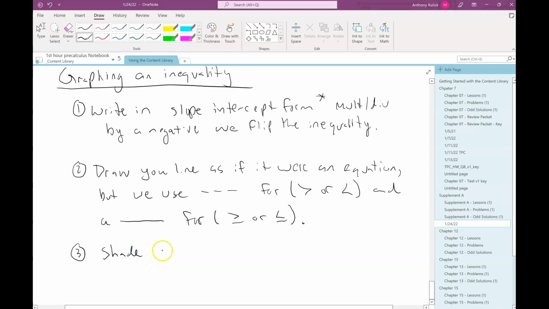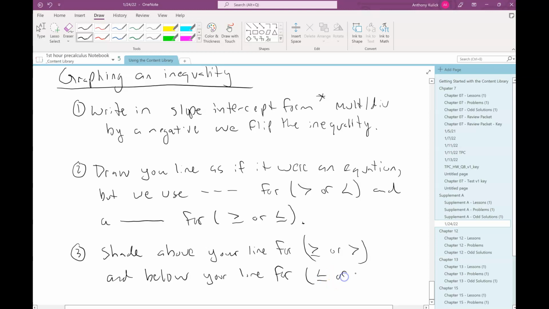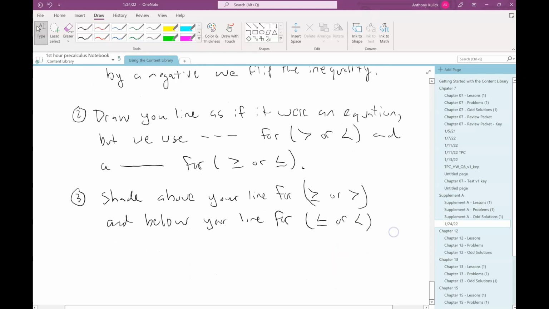Then we're going to shade above your line for greater than or equal to or greater thans, and below your line for less than or equal to or less thans.